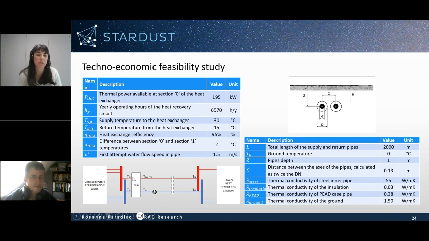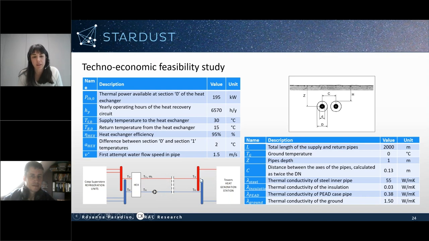Here the temperature is considered to be 30 degrees. Yeah, 30 degrees is the starting point. Of course, the heat exchanger has some heat losses, and we consider 95% as the efficiency of the heat exchanger.